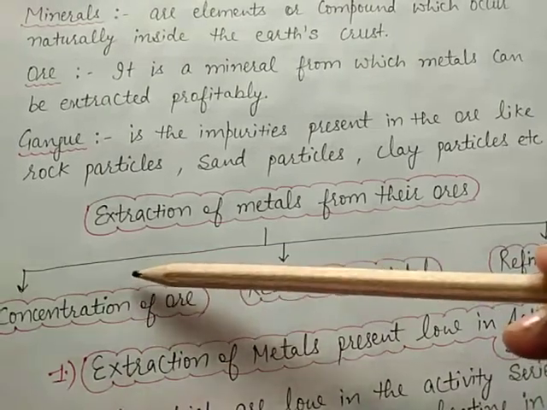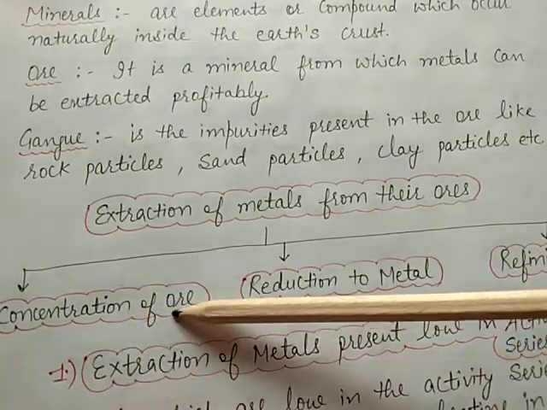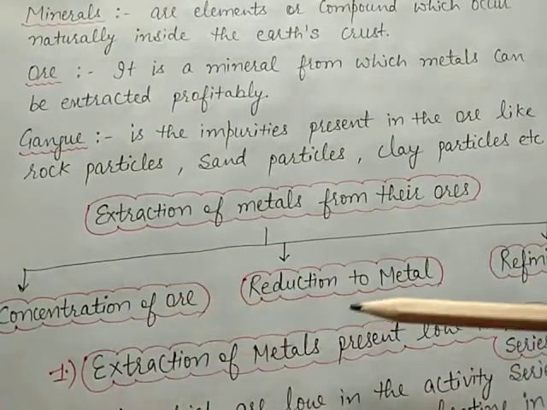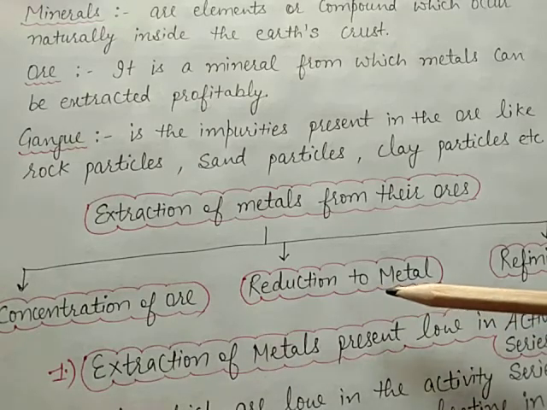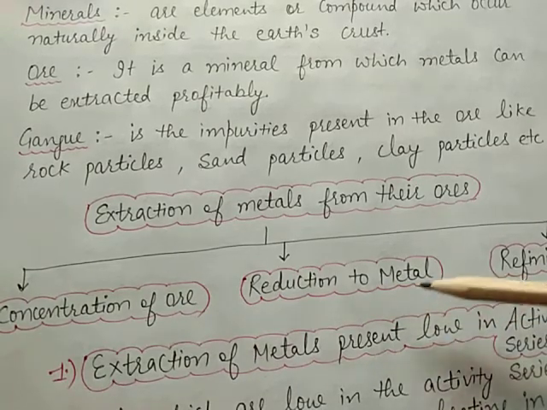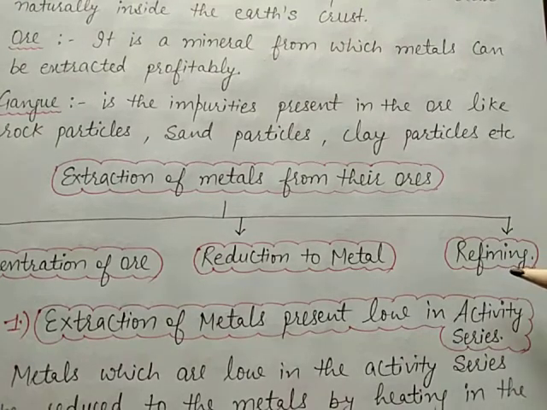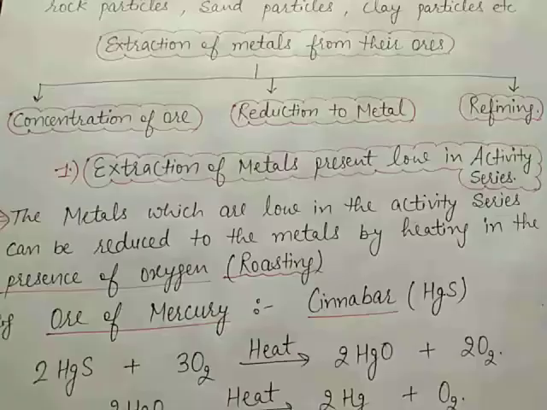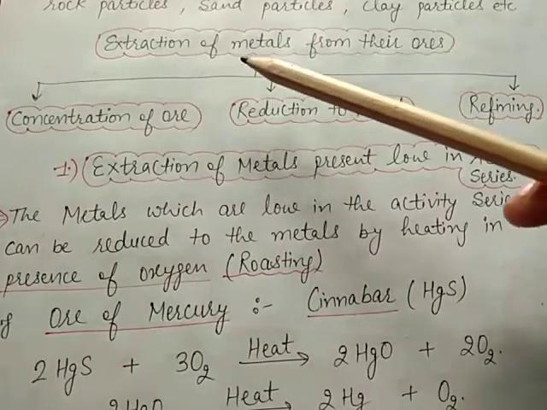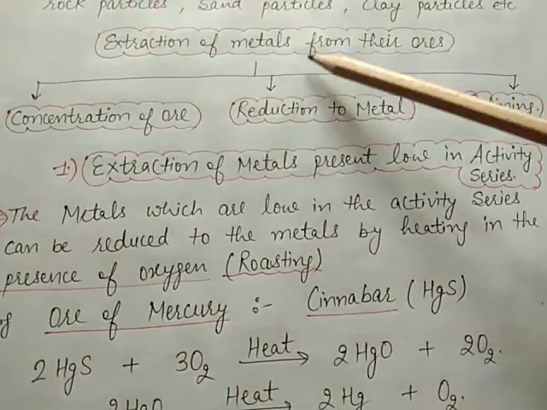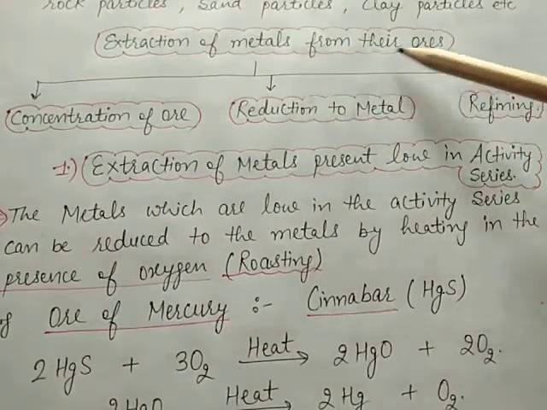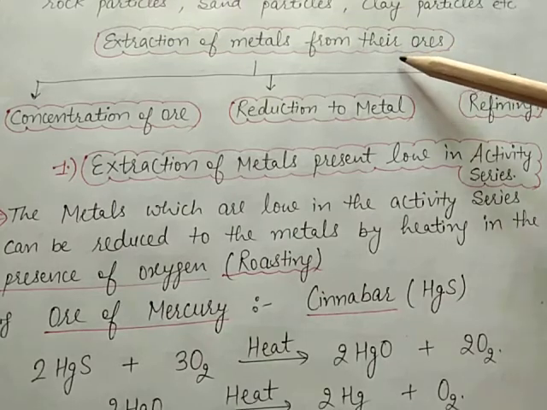There are three methods. First, concentration of ores. Second, reduction to metals. Third, refining. The process of extraction of metal from their ores is called metallurgy.